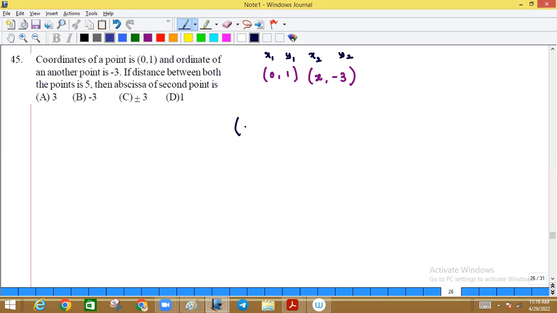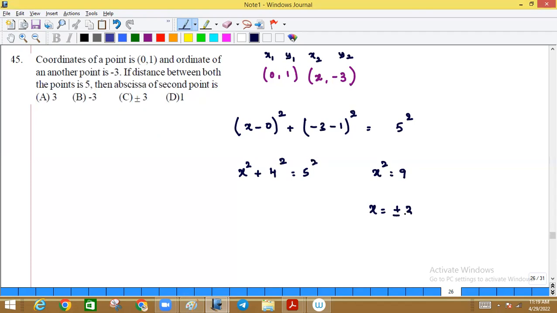So we know x2 minus x1 whole square plus y2 minus y1 whole square is equal to the square of the distance. x square plus 4 square is 5 square. x square is equal to 9. x is equal to what? You take plus or minus 3, because you can accept plus 3 as well as minus 3.